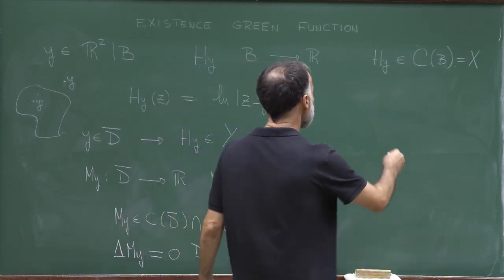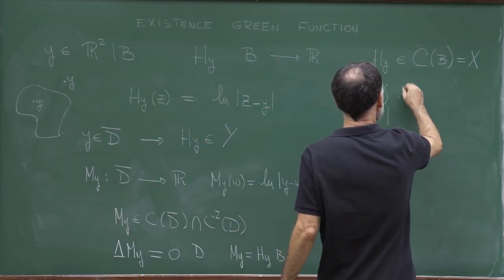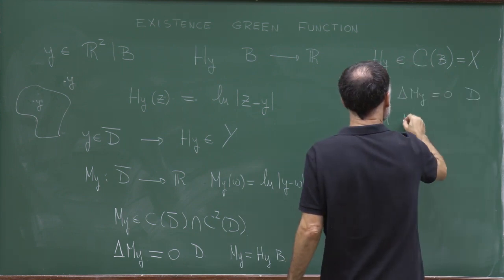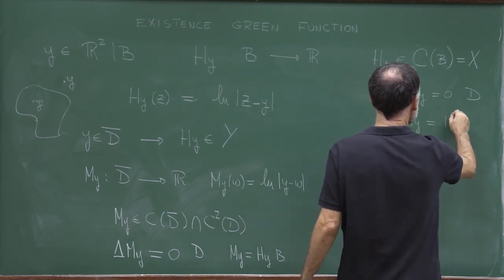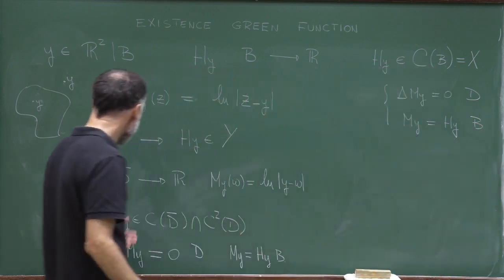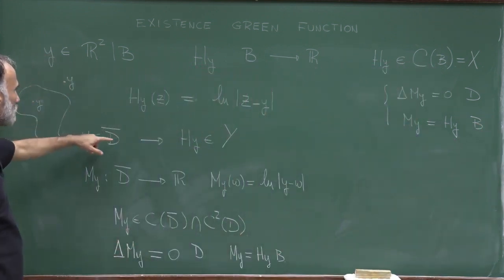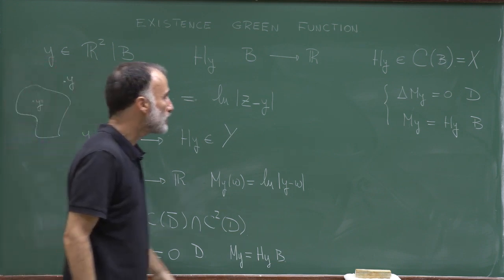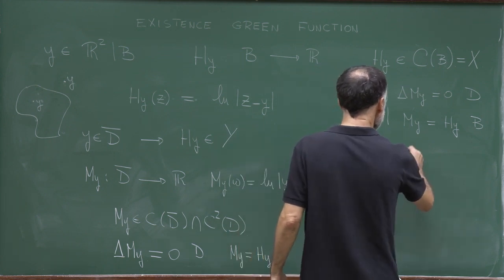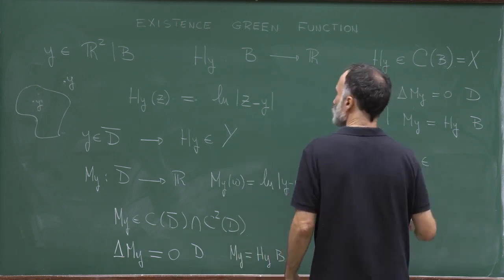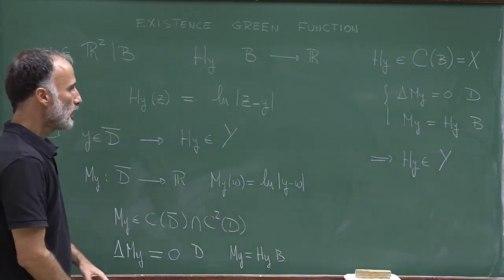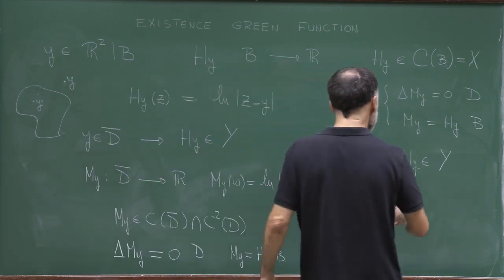So this shows that m_y is the solution of the Laplace equation: Δm_y equals 0 on D, and m_y equals h_y on B. So we just proved that if y does not belong to the closure of D, the Laplace equation has a solution, and this means that h_y indeed belongs to the space Y. Also, it gives you more than that.